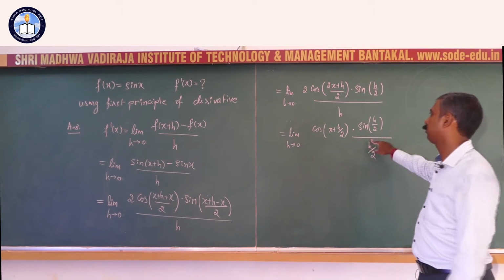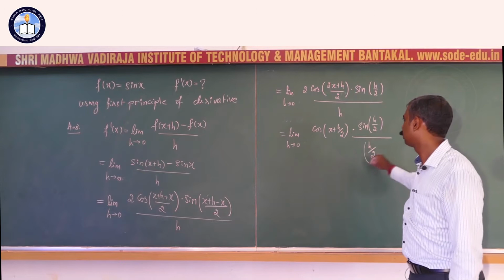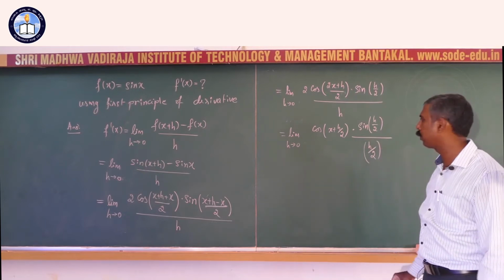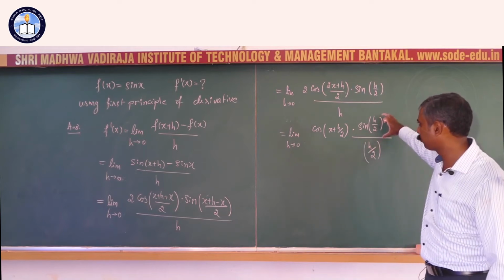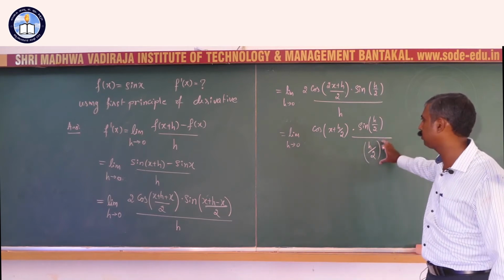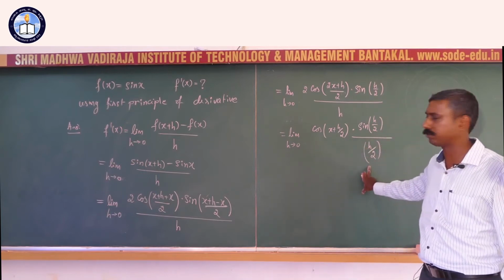I have taken this 2 to the denominator. So, this is like sin of h by 2 divided by h by 2. Now, what we can see here is something like sin x divided by x. In the place of x, h by 2 is there, that is all.